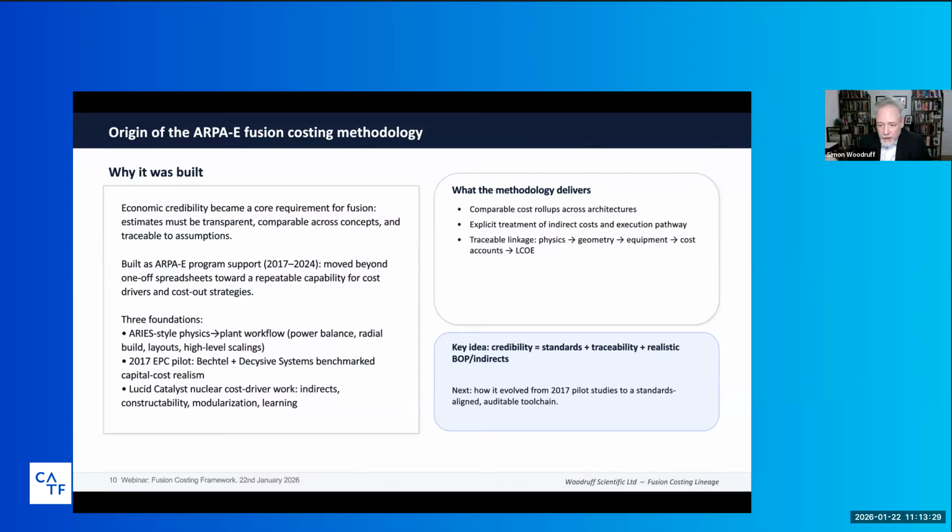We realized early on that if we were to apply this methodology to a wide set of concepts, everything from IFE, magneto-inertial fusion, magnetic fusion energy, we would rely on the teams themselves to produce the physics modeling. So while we developed physics modules early on, they were all stripped out immediately and replaced with the physics modules that the teams preferred.